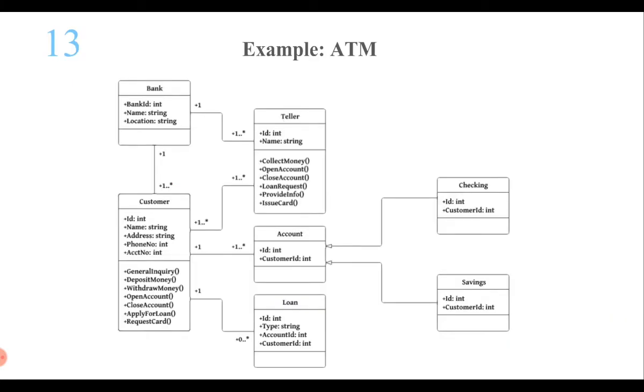So this is a typical example of an ATM. Here we have represented the different classes: a bank, an ATM, the customer, and the account, and the account has two specialized accounts, which are checking and savings. Here we are not representing the functions because there are a lot of functions involved, but let's look at this.